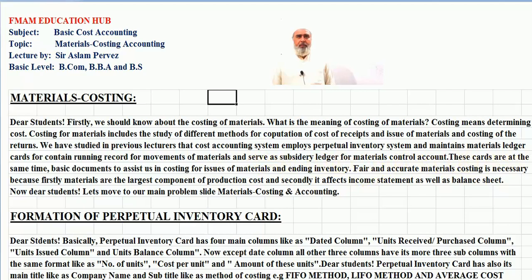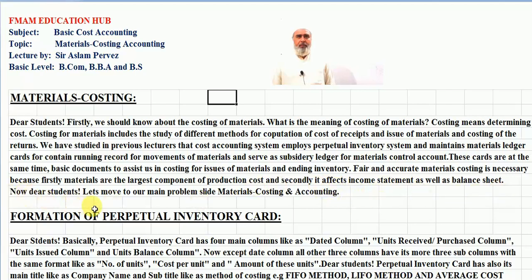These cards are at the same time basic documents to assist us in costing for issues of materials and ending inventory. Fair and accurate materials costing is necessary because firstly, materials are a large component of production cost, and secondly, it affects the income statement as well as the balance sheet.